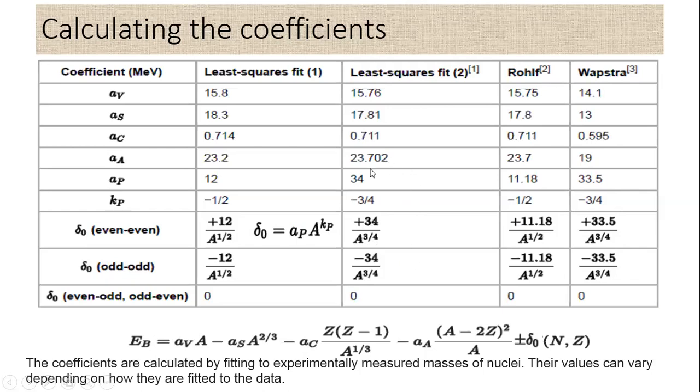Like in this case, the value of AP is 34, that's why this is 34, and the power is minus 3 by 4. It is multiplied by minus 3 by 4. So if you move it to the denominator side, it will become positive. Similarly for these other terms as well.